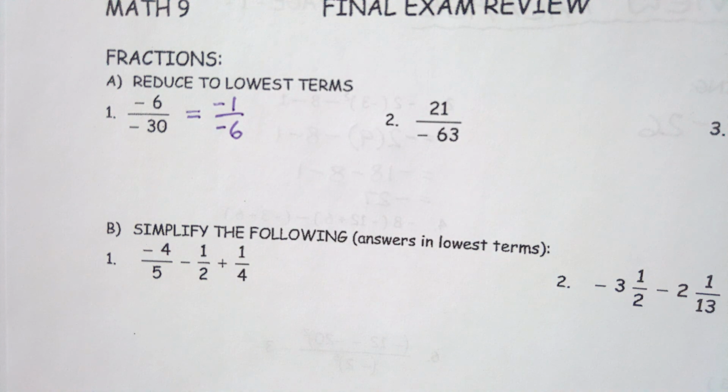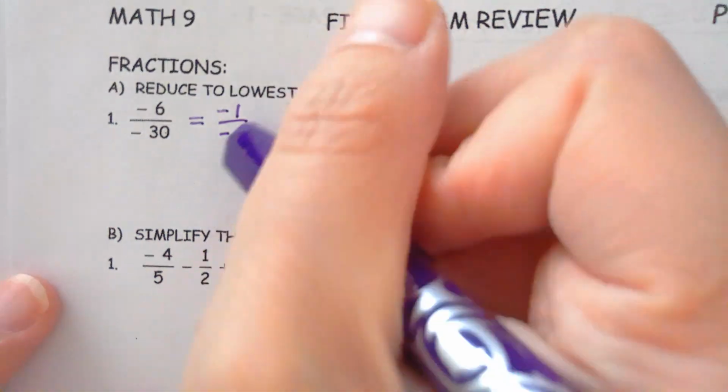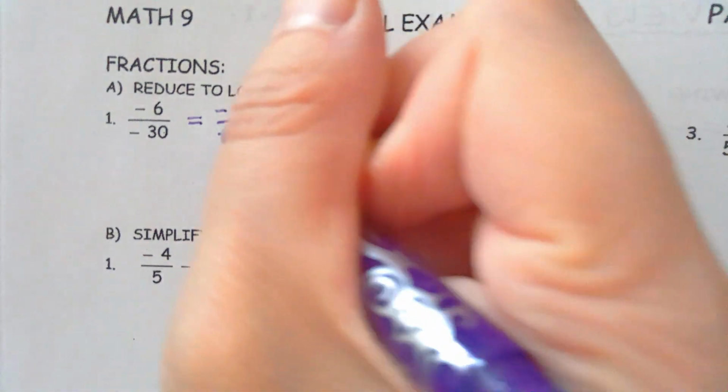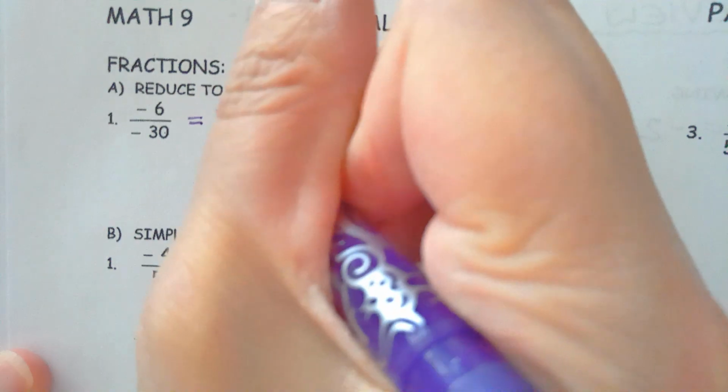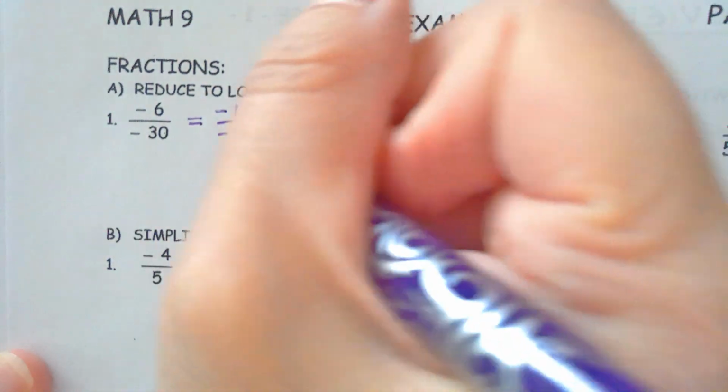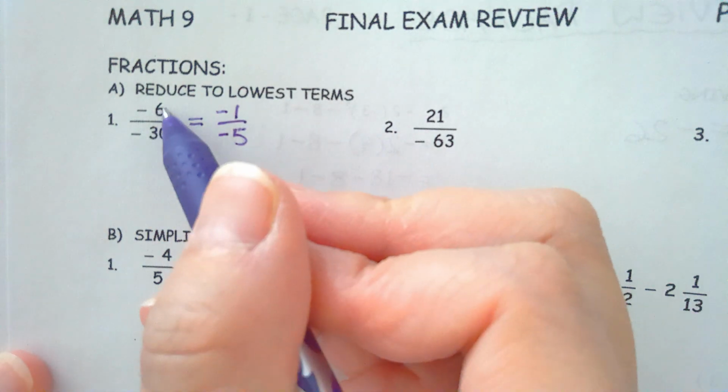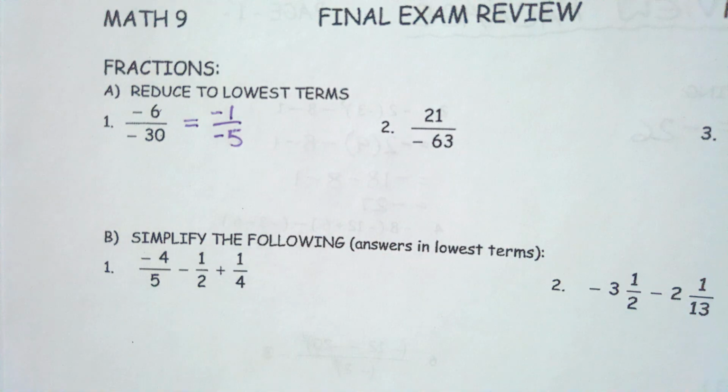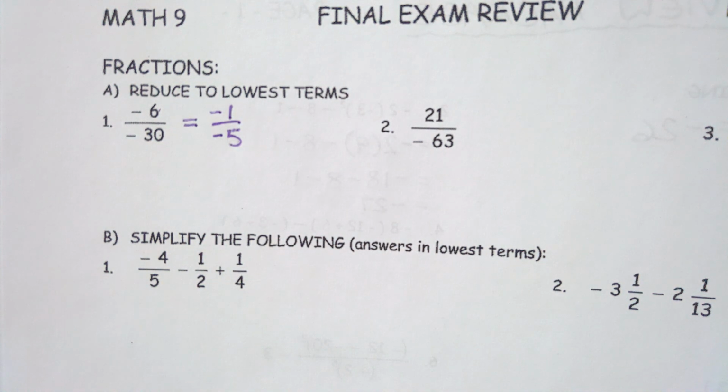Who has an even better answer for me? Okay, so it's -1 over -5 because 6 goes into this, 6 goes into this. So when you reduce it, yeah, it's -1 over -5, but I'm still taking half a mark off. Gavin?